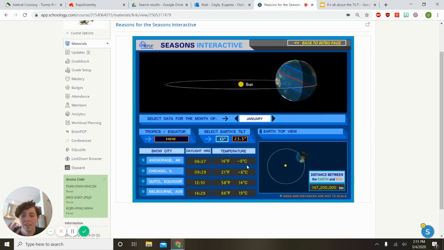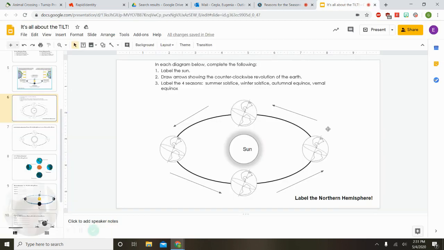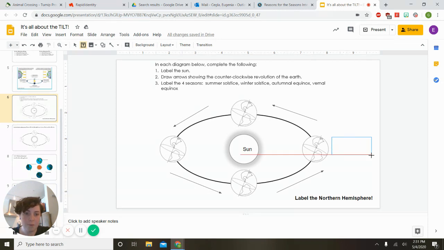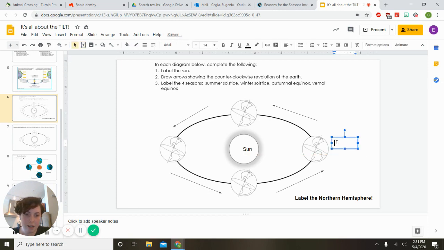Based on what we know about our seasons, knowing that it's cold outside and the daylight hours are quite short, we could say that at this point around the sun, we are in wintertime. I'd go ahead and go back over here and label that on my map. So we are on this side over here, and this is winter.